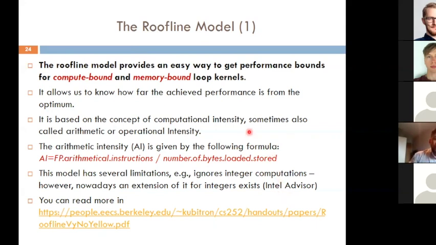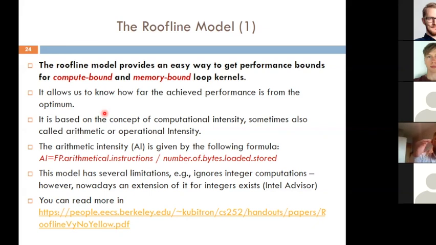We can get some kind of idea from this model. The roofline model is basically an easy way to identify performance bounds, compute bound and memory bound loop kernels. It allows us to know how far our performance is from the optimum performance we can gain, giving us some sort of idea.